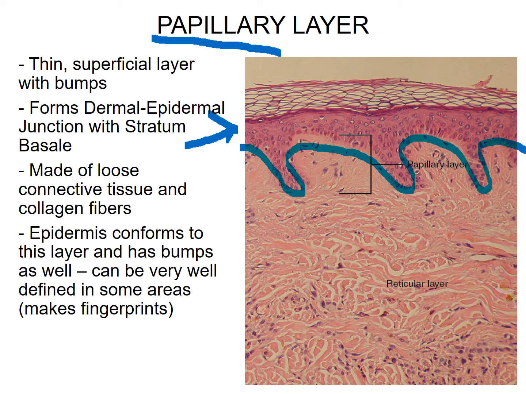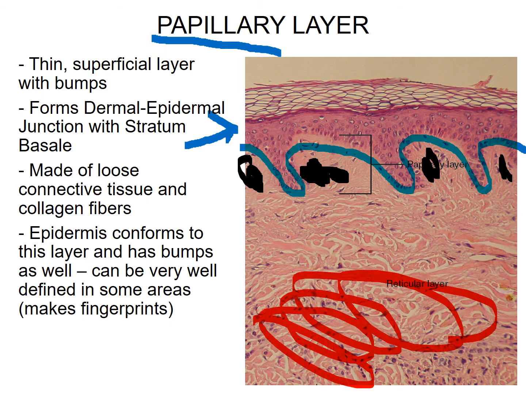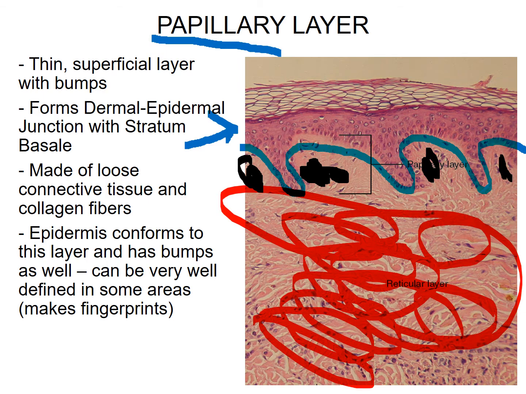So then this area in black, that kind of hugs next to that basement membrane, that dermo-epidermal junction, that is the papillary layer. And then everything else, all of this mass in red, is going to be that next layer, the reticular layer. So it's significantly smaller.